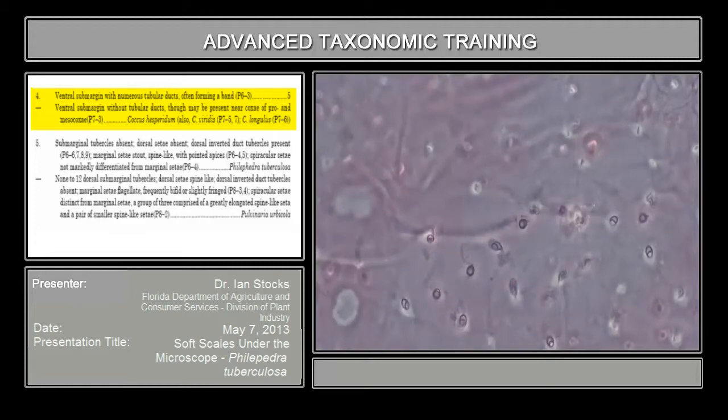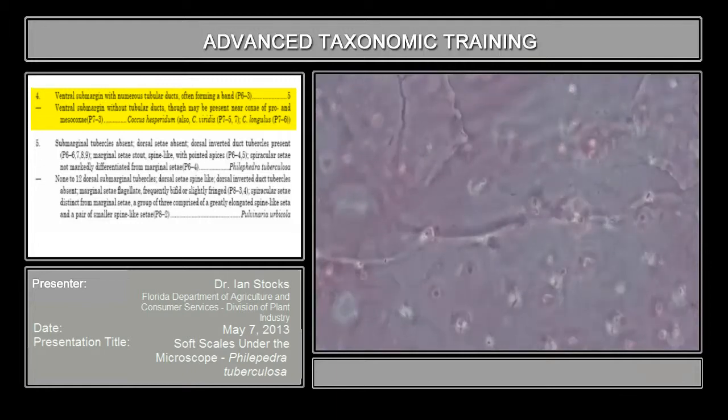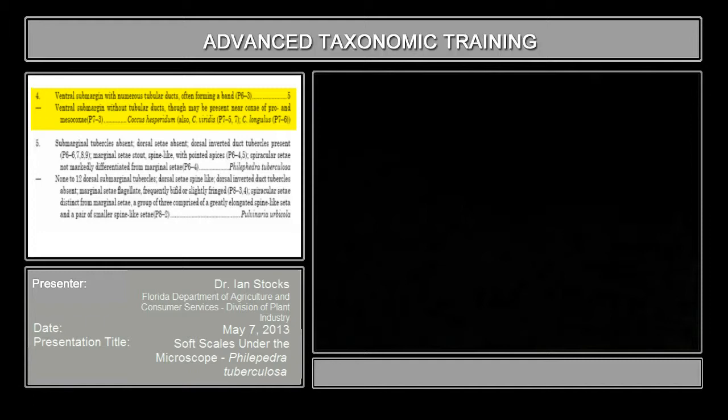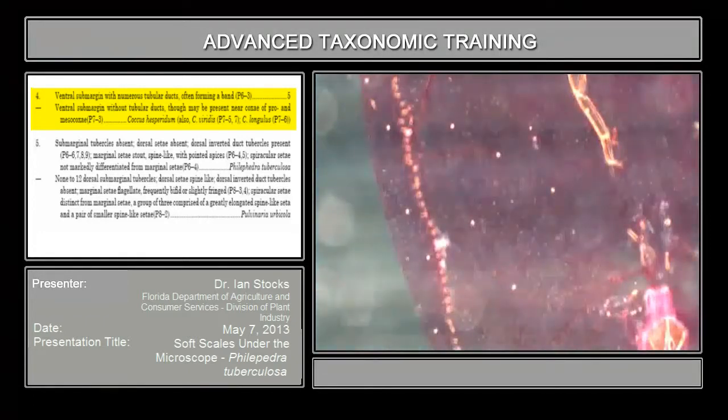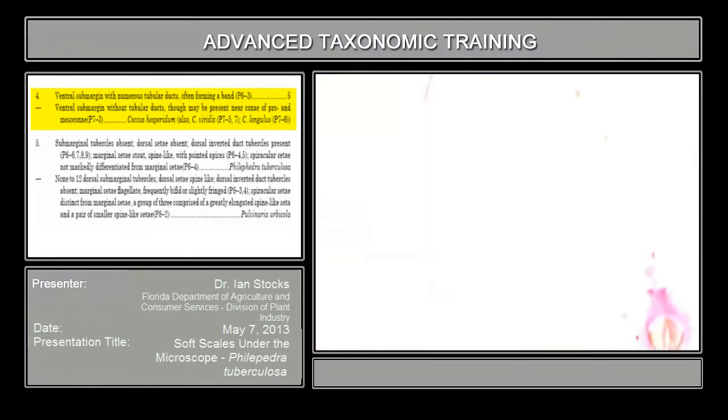Okay, so if we go to the key, what we're going to do is go back out on the magnification a little bit so we can pick up the steps in the key here.